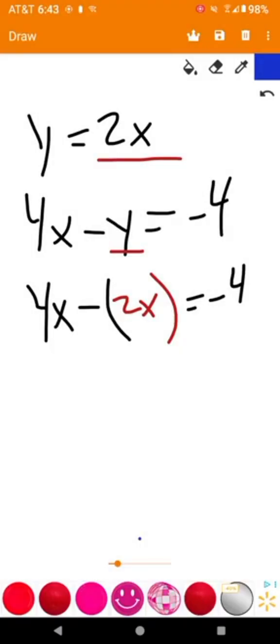So this is all combining like terms. Since both of these numbers have the same variable, which is just an x, not x and then an x squared, that's not the same thing. X is not the same thing as x squared. So these are both just x. So they're like terms. So we'll combine the coefficients. So we'll do 4 minus 2 and we're left with 2x equals negative 4.